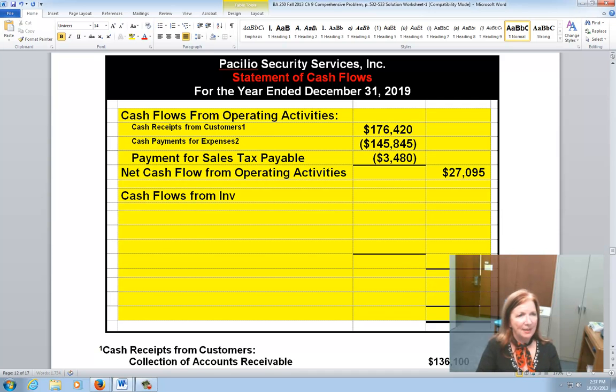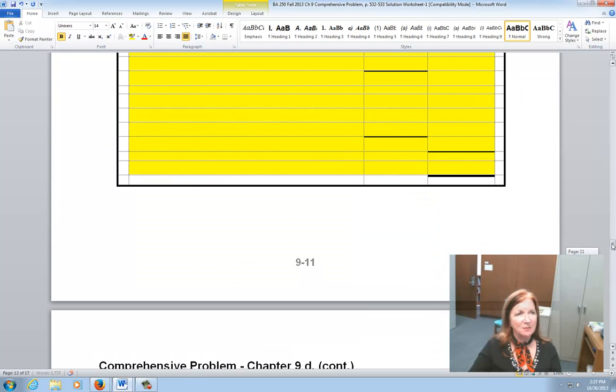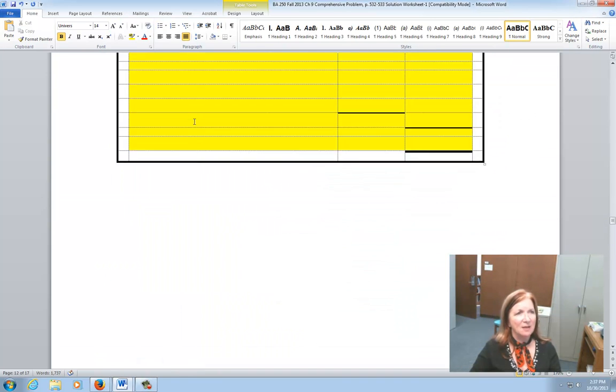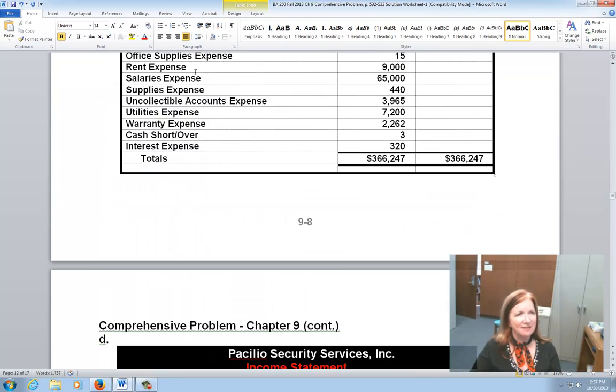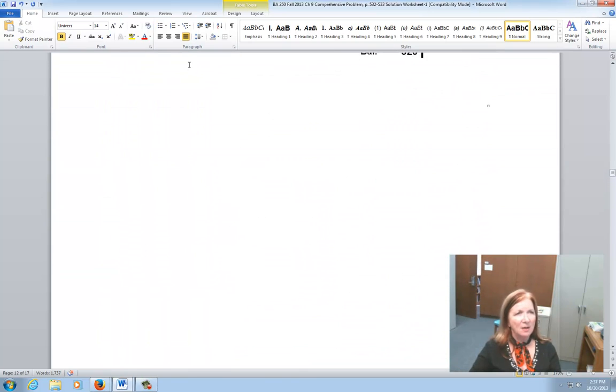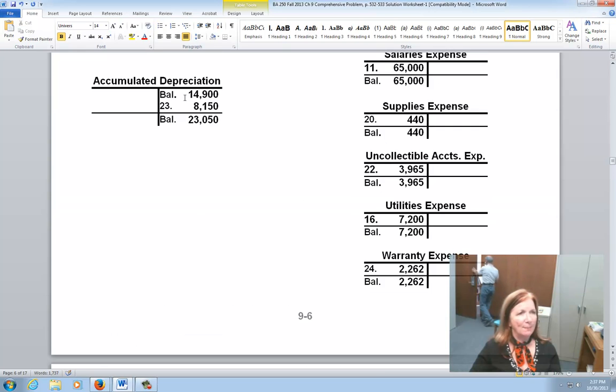So next we're going to have cash flows from investing activities. We're going to look at those and see if there were any investments made. So are there any assets where we bought some fixed assets like land or property or equipment or any of those?